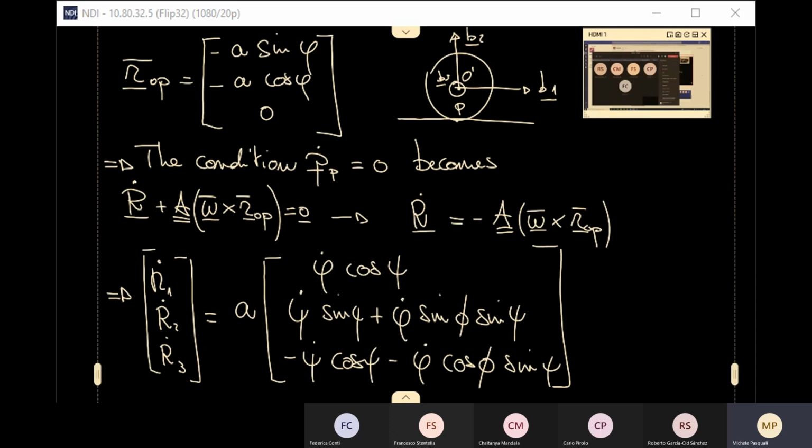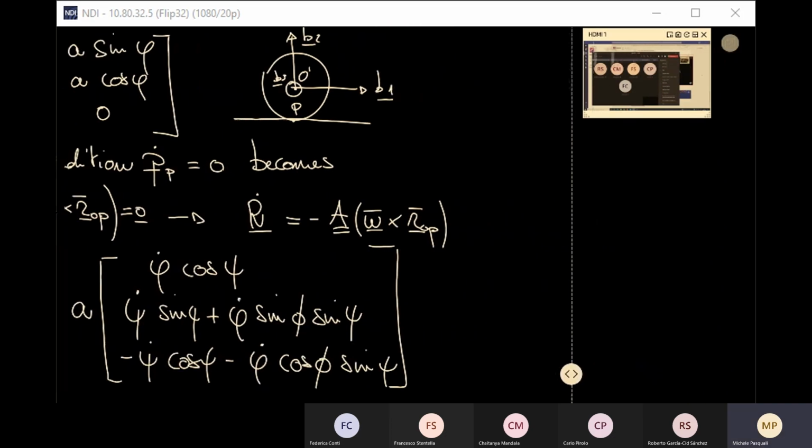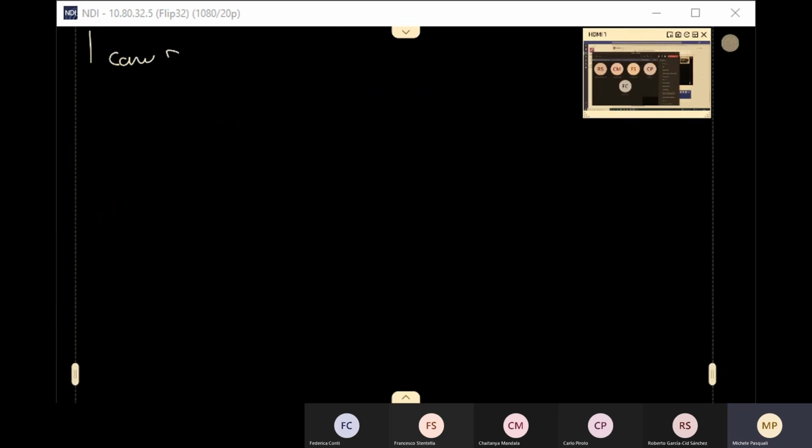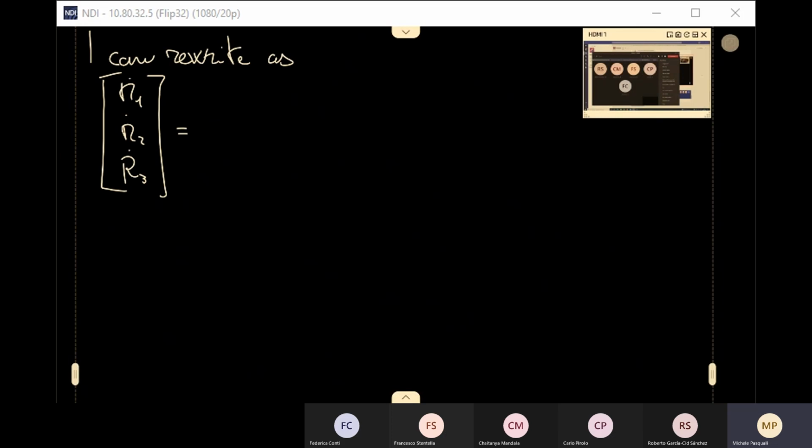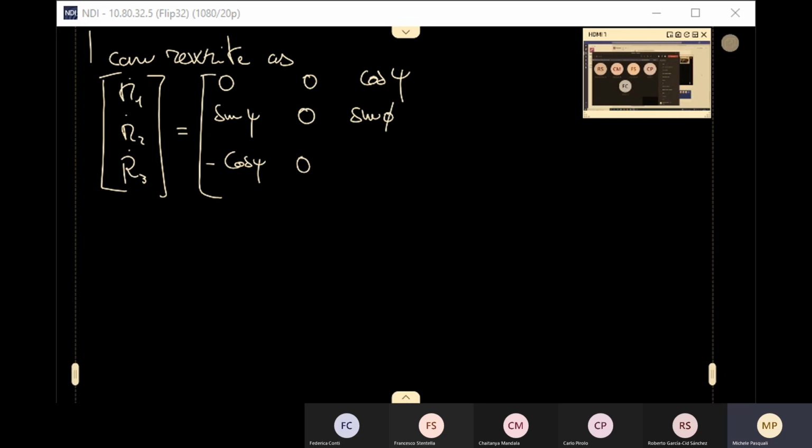Now, let's write it like this. I can rewrite it in a simpler way: a matrix with entries 0, sinus of psi, minus cosinus of psi, 0, 0, 0, cosinus of psi, sinus of phi sinus of psi, minus cosinus of phi sinus of psi.